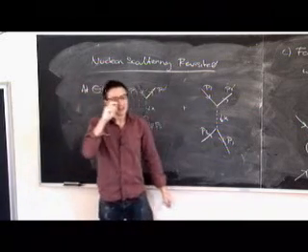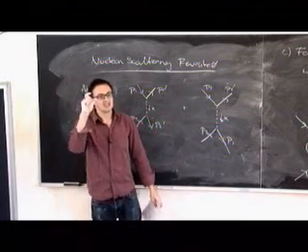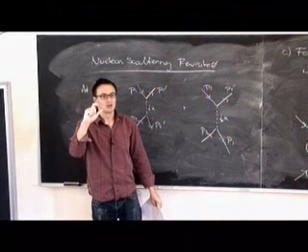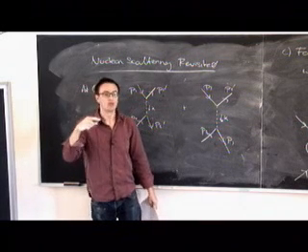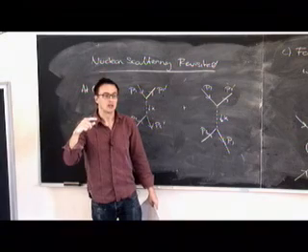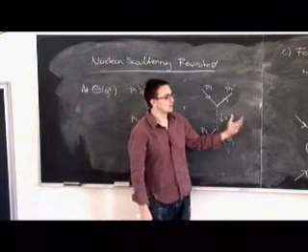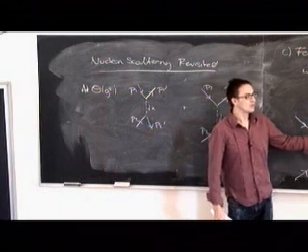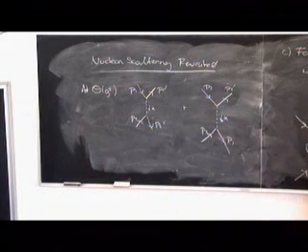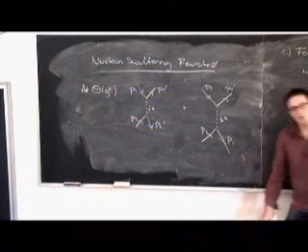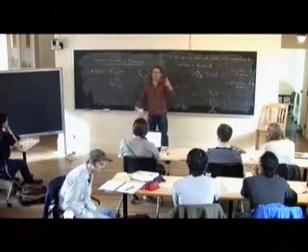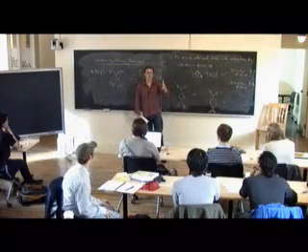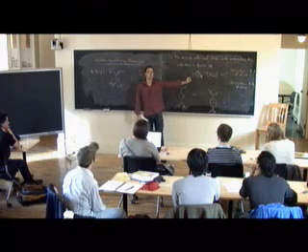For example, in QED, the dimensionless number, which is the coupling constant, is 1 over 137. Okay, so the first diagram is of order 1 over 137. The next diagrams are of order 1 over 137 squared, and so on and so on. The series gets more and more convergent until you hit roughly the 137th term in the perturbation expansion.